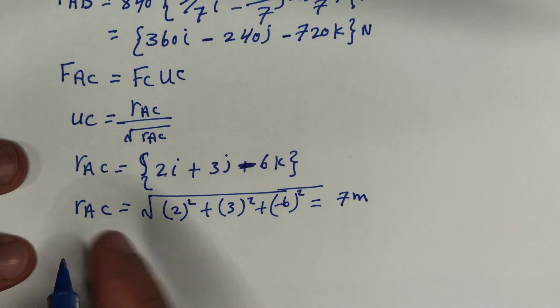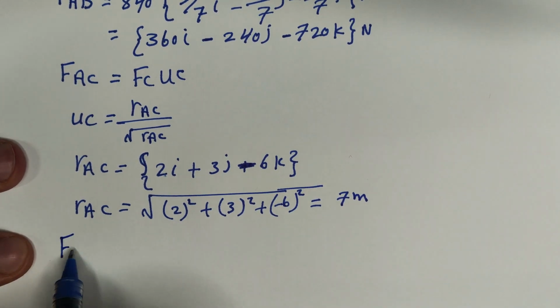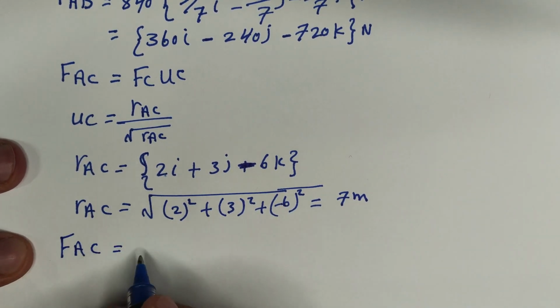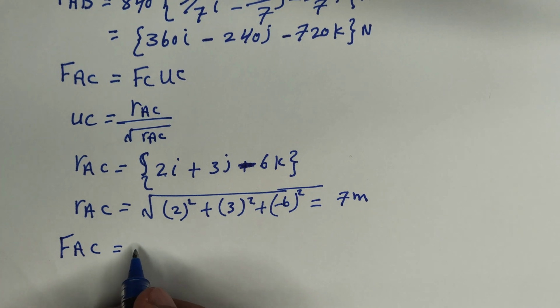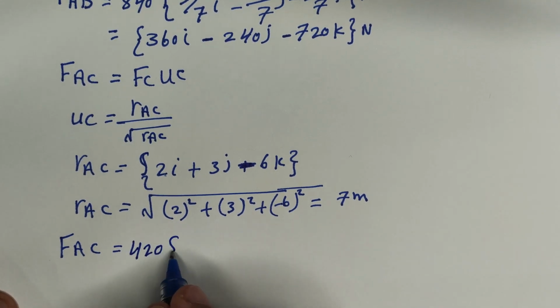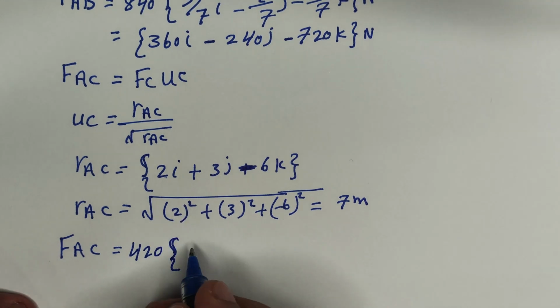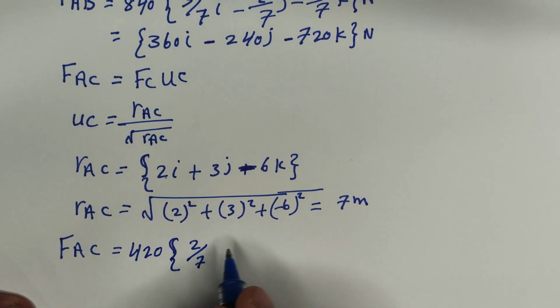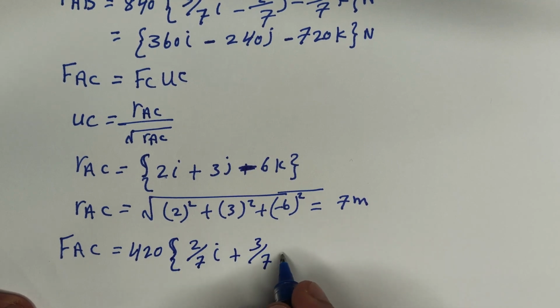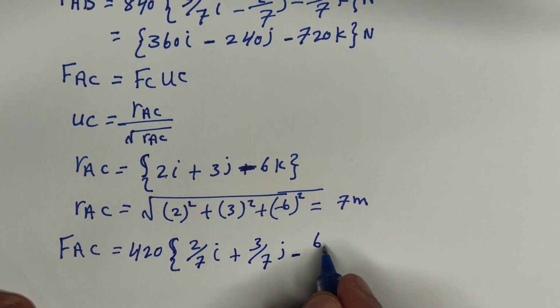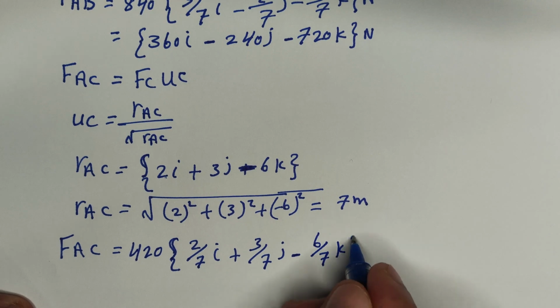Now finding the force itself, FAC, which equals FC, being given as 420 Newton. We will multiply it by 2 over 7 i plus 3 over 7 j minus 6 over 7 k.